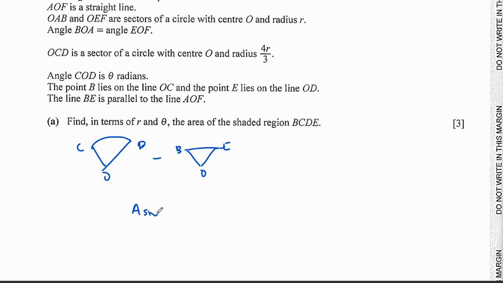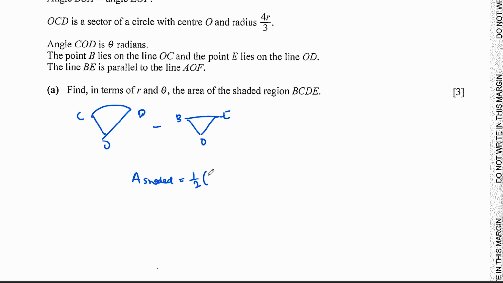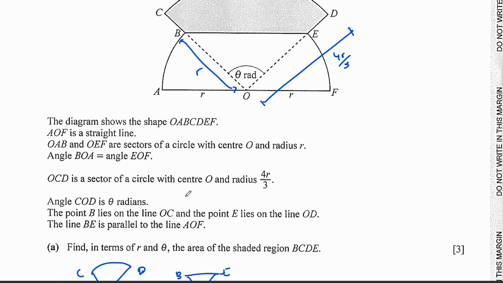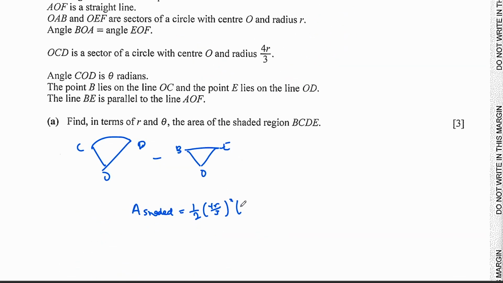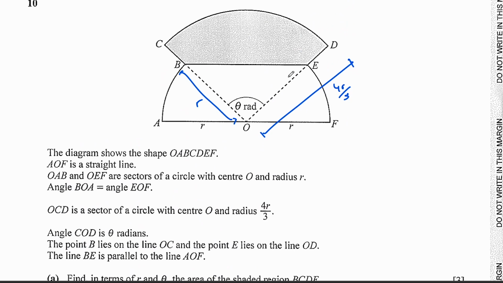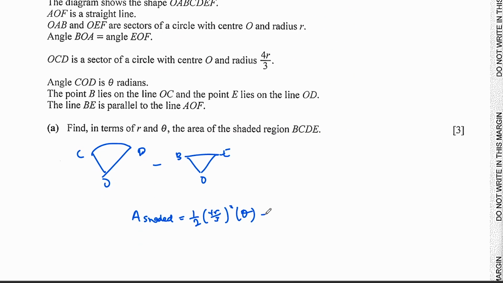So the area shaded, this sector area can be represented by half r squared times the angle in radians. So the r will be 4r/3 squared times theta. So just leave it as theta. Here also, this triangle area, we can use the formula half r squared sine theta.